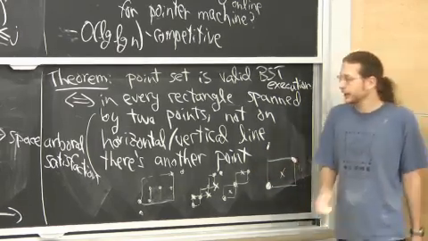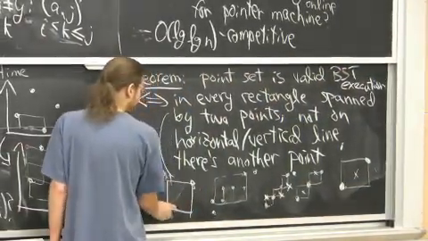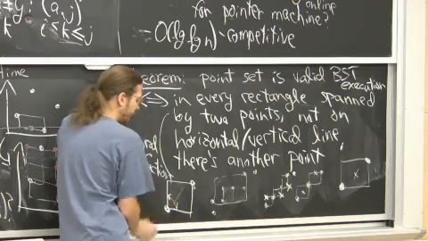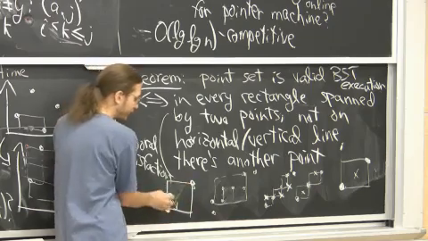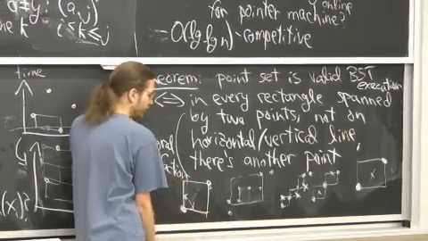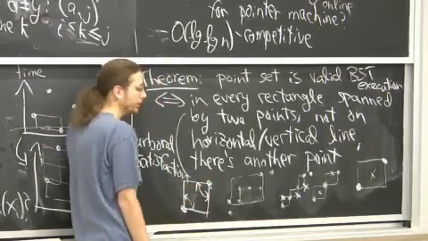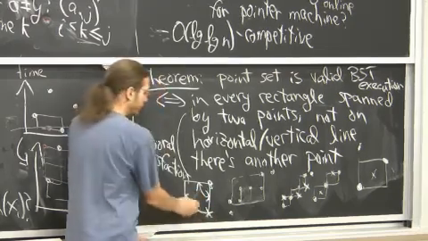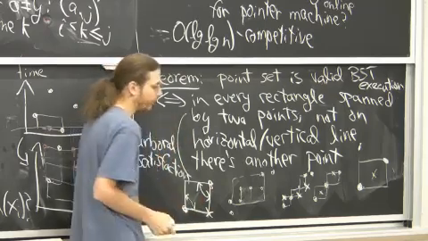If I keep going, in the end, I can conclude that not only is this rectangle non-empty, but there has to be a point on one of these two sides. Because if I choose any other point, I get a smaller rectangle. Eventually, I have to get one on one of those two sides. Could be at the corner, or this corner, but one of those two sides has to have a point on it. Also, one of these two sides has to have a point on it. It could be both of these constraints are met at once by having one point in the corner.